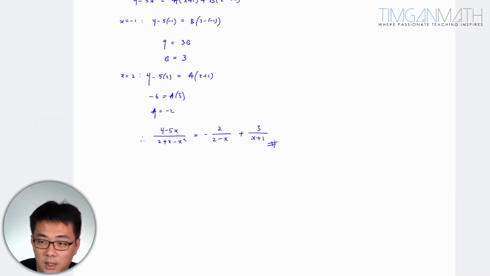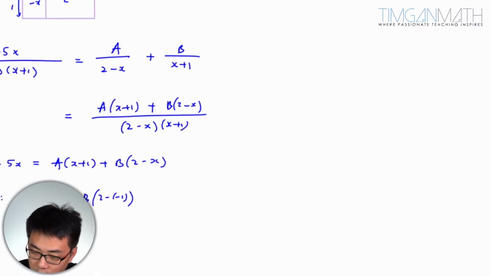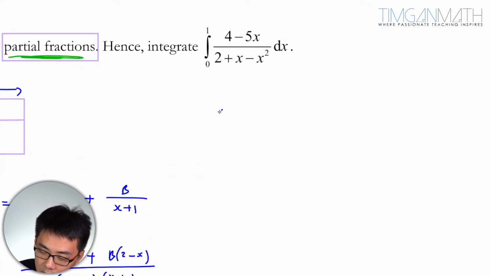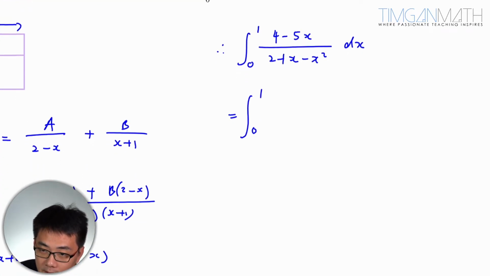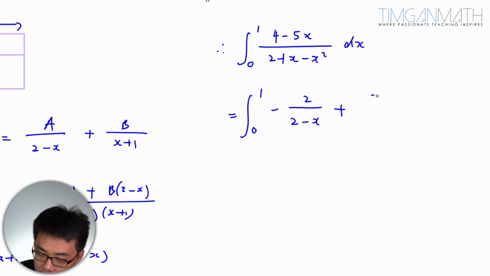Hence integrating from 0 to 1, 4 minus 5x over 2 plus x minus x squared dx. This will give us the integral from 0 to 1 of -2 over 2 minus x plus 3 over x plus 1 dx.